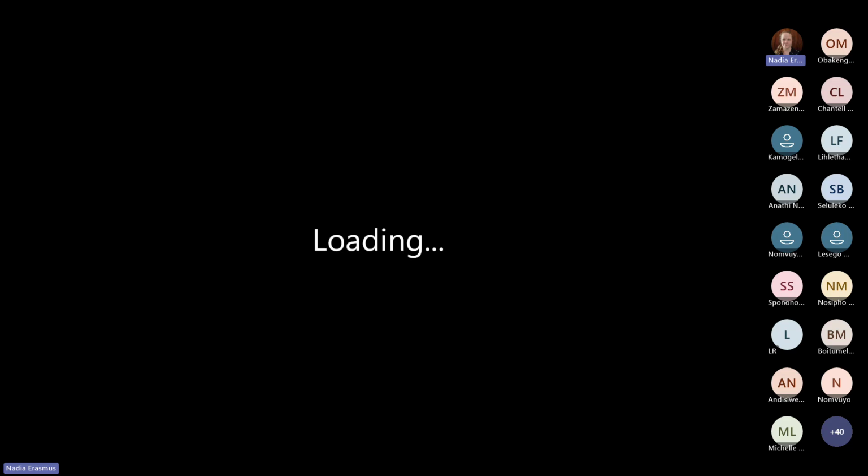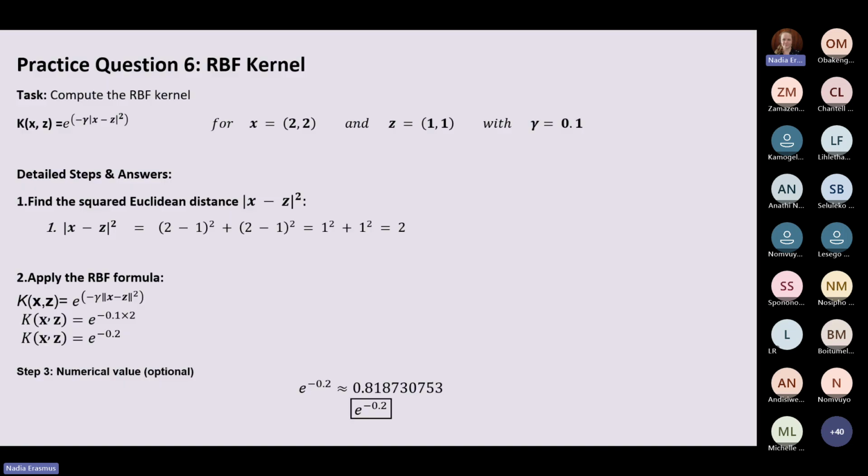Okay, so if you apply it, then you're going to put it back into the formula. You have the exponential value to the power of minus your gamma, which is given. Your gamma is 0.1, and it is multiplied by the squared Euclidean distance, which is 2.